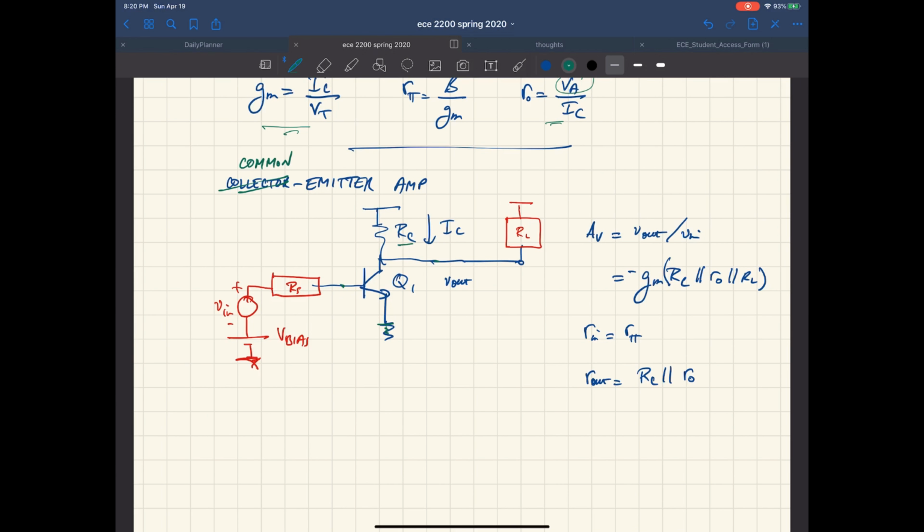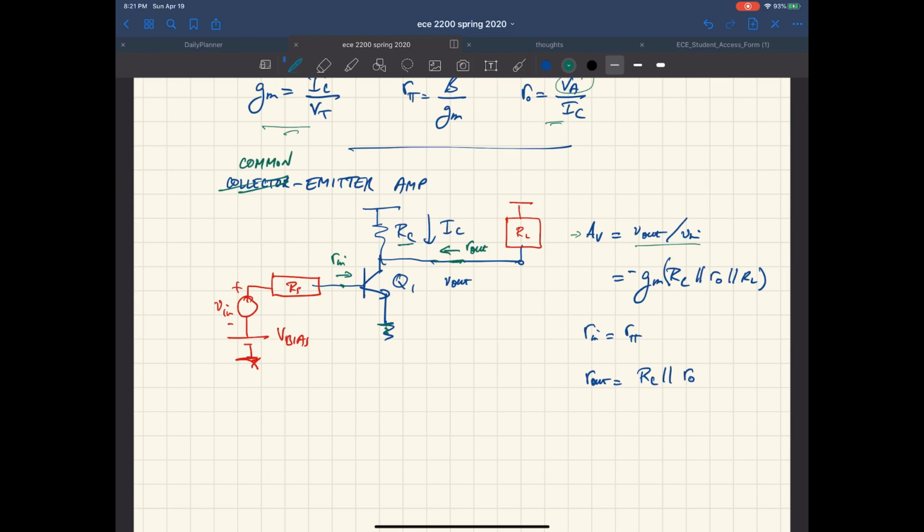It has a load R sub C, and you always have to worry about the output impedance of the amp, so that's the impedance looking in here, also the input impedance, because those interact with your source and load impedances.